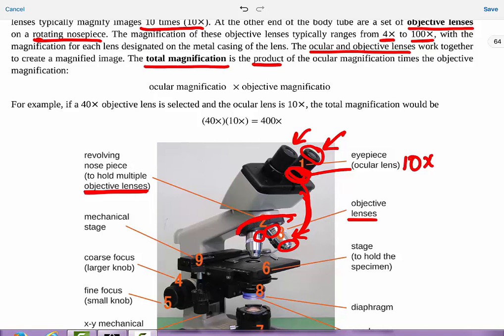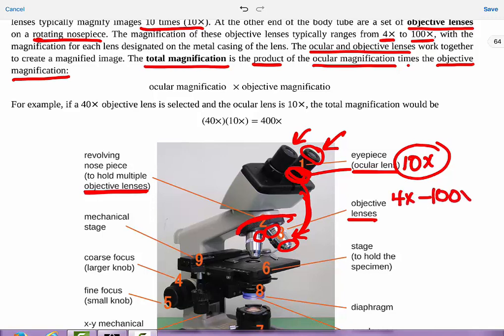The product of the ocular magnification times the objective magnification. Ocular magnification is oftentimes 10x. The objective lenses, remember, are anywhere from 4x to 100x. So depending on the objective lens that is being used, you take that objective lens number and multiply it by the ocular lens number to get your total magnification.